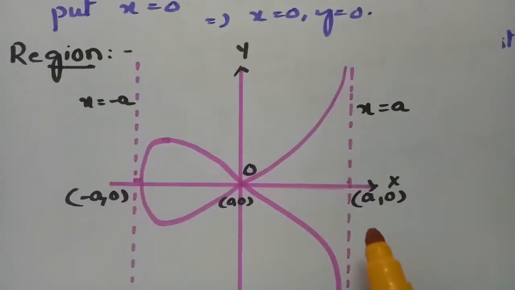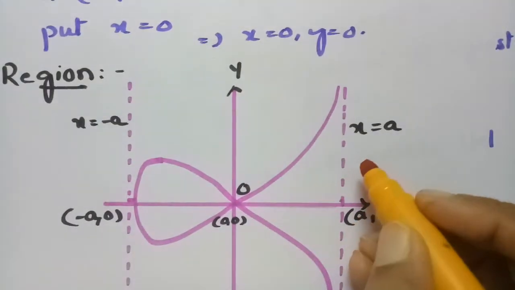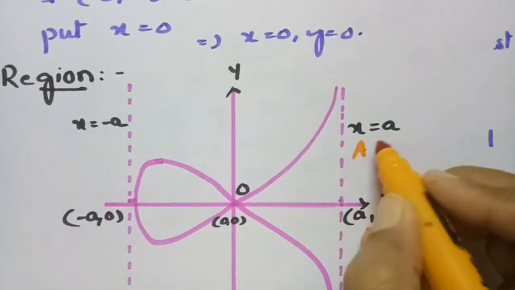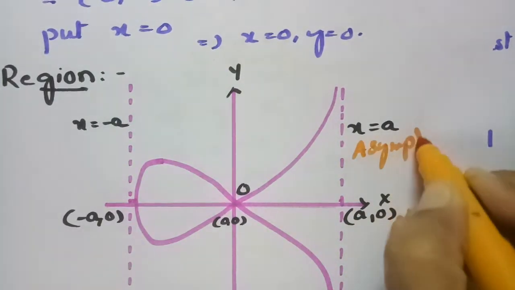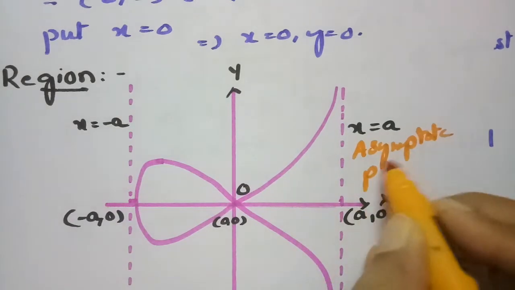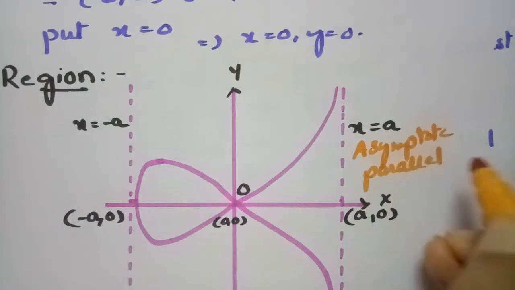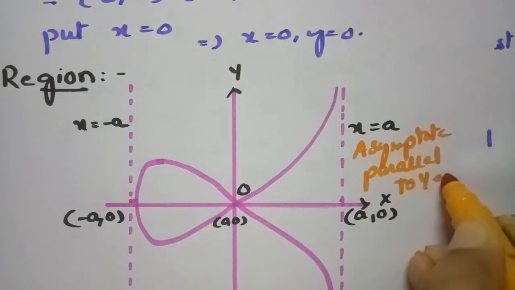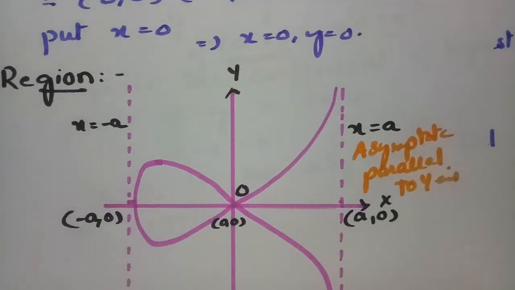So that's why I have plotted here. So this is x is equal to a, an asymptote parallel to y-axis.